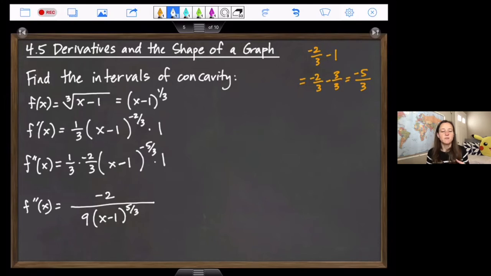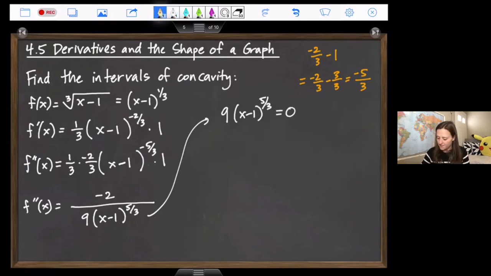So as usual, we're looking for places where this is equal to 0 or where it's undefined. It's never going to be equal to 0. Remember, that would be where the numerator would equal 0. Negative 2 is never equal to 0, but the denominator might be equal to 0. So let's set 9 times (x minus 1) to the 5/3 equal to 0.